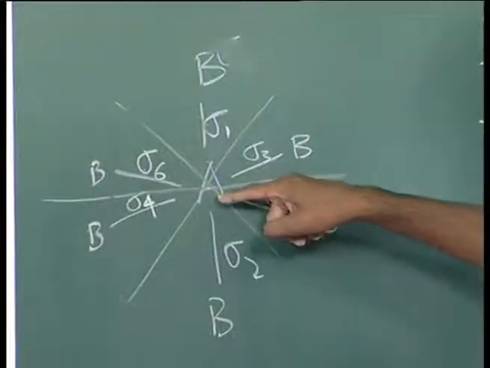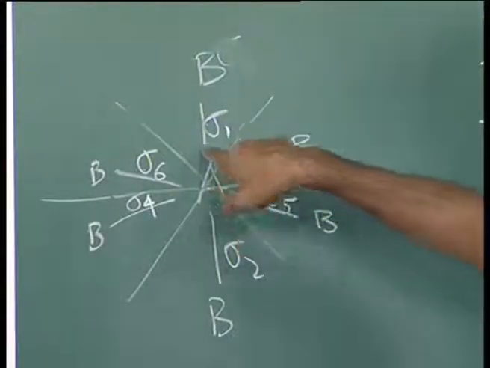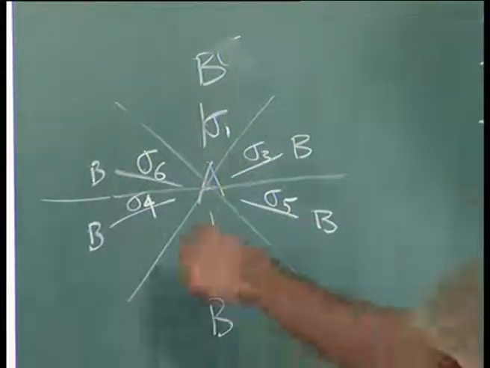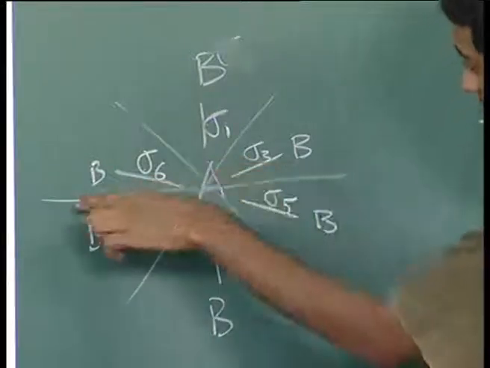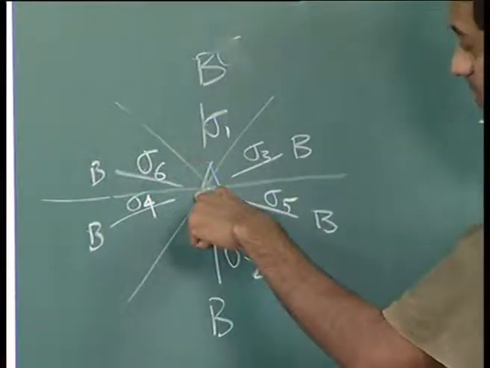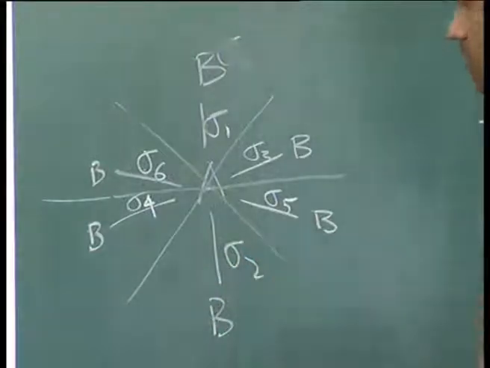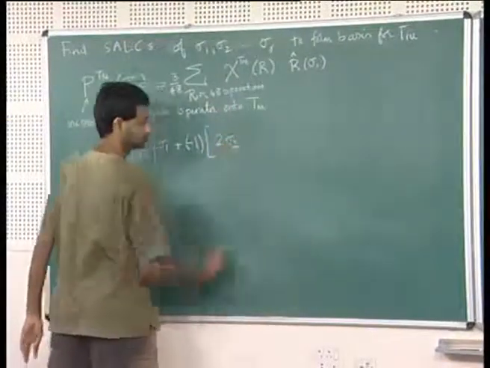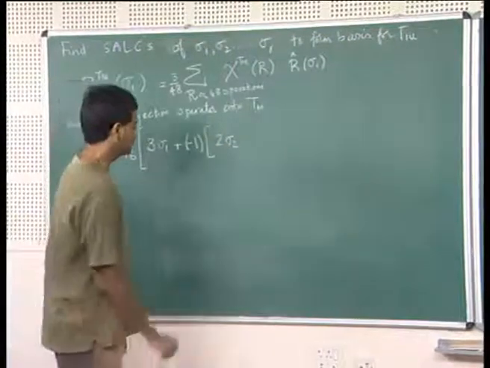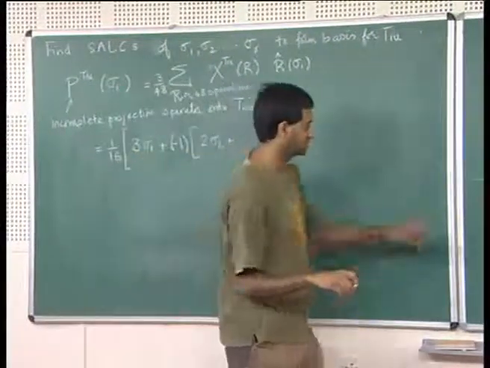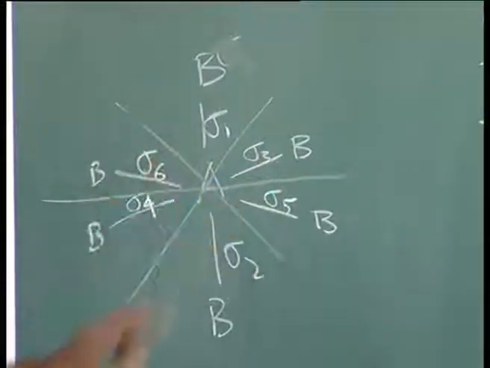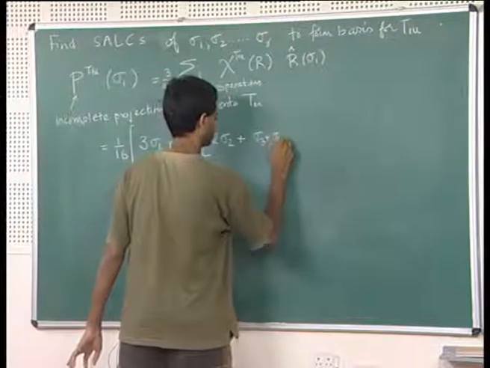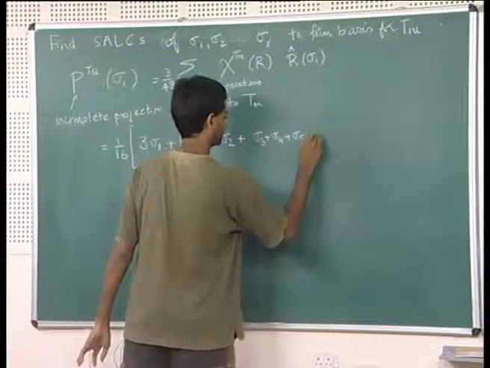So two of the six C2 operations will transform sigma 1 to sigma 2. The two that are in this plane, this one and the one going this way, will transform sigma 1 to sigma 2. So you have 2 sigma 2. The remaining 4 will transform it to either sigma 3, sigma 4, sigma 5 or sigma 6. So you have plus sigma 3 plus sigma 4 plus sigma 5 plus sigma 6.